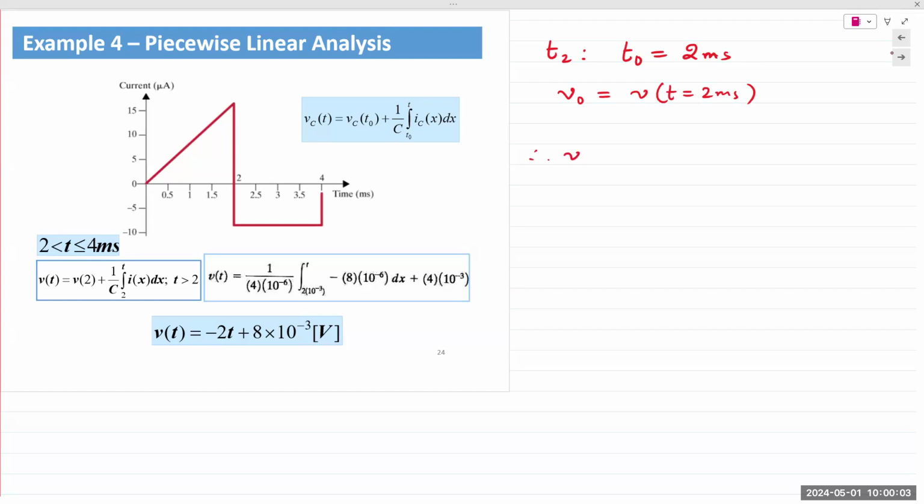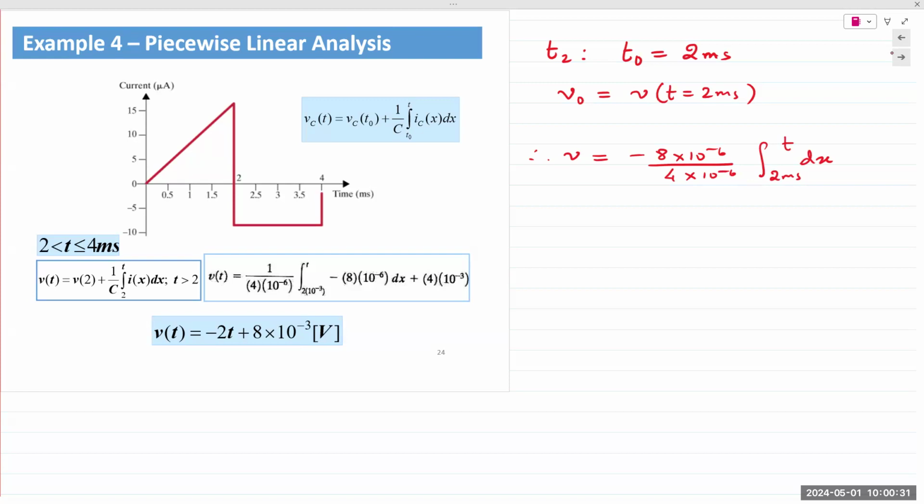So voltage for capacitor is 8 microamps. Constant, so comes outside, divided by 4 microfarads. Integral T0 to T of simply dx. Integration simply gives you t.